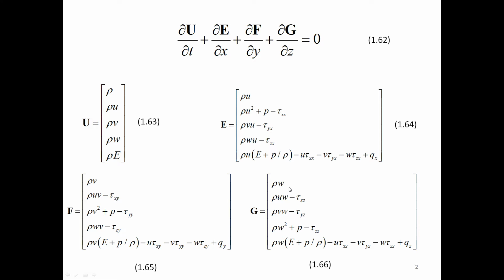Likewise, the second, third and the fourth rows are the momentum equations, equations 1.34, while the fifth row is the energy equation 1.43. With the Navier-Stokes equations written in this form, it is often easier to code the desired numerical algorithm.